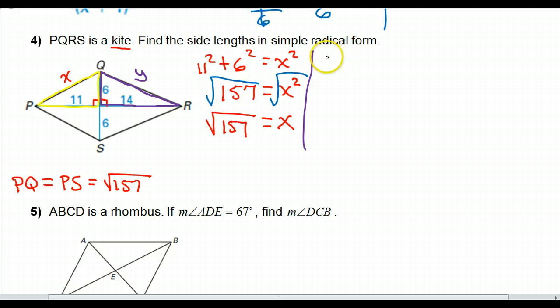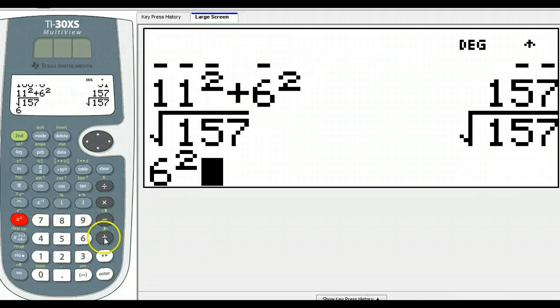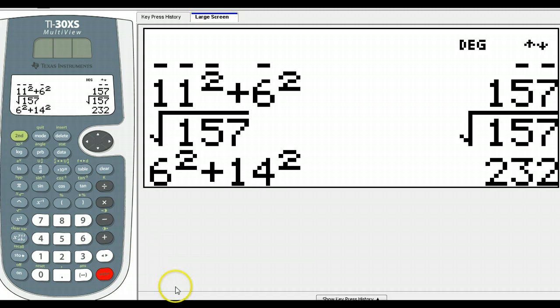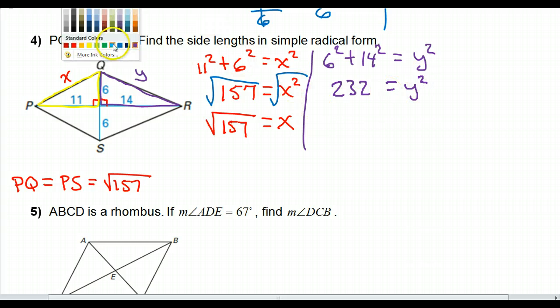So that's going to be 6 squared plus 14 squared equals y squared. Okay, 6 squared plus 14 squared, that's 232. So 232 equals y squared. Time to take the square root of both sides.